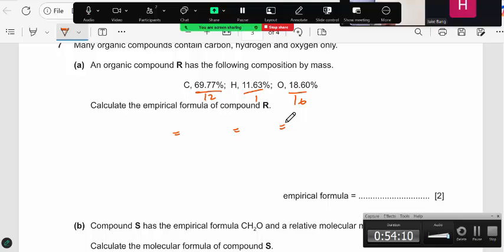Remember, it's mass over molar mass first. Okay, what do you do now?